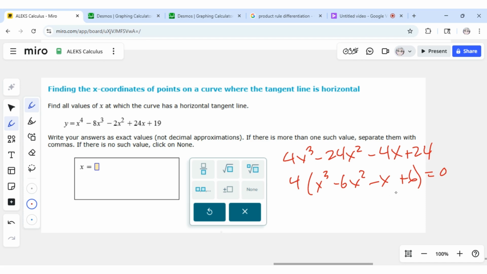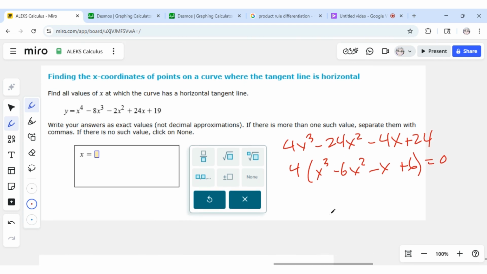So how are we going to do this? Well, you might remember that the possible zeros of a function are all the factors of the constant term over all the factors of the highest term. The coefficient of the highest term is 1, so the factors are just 1. So we're going to have 1 over 1, 6 over 1, 2 over 1, 3 over 1.